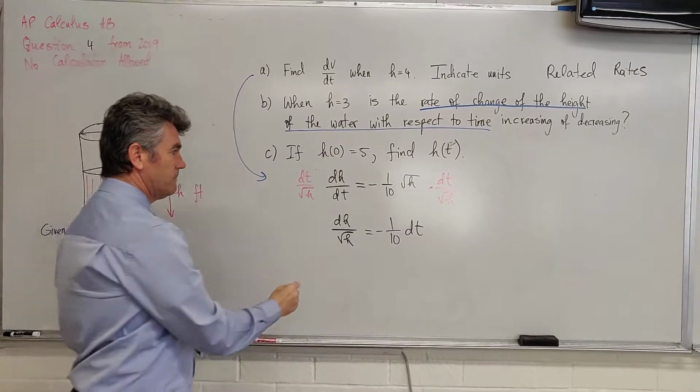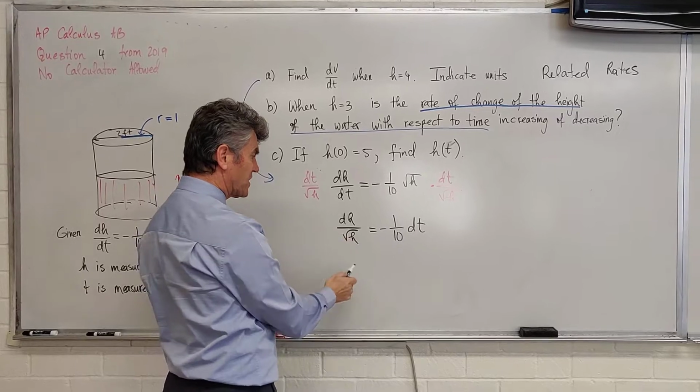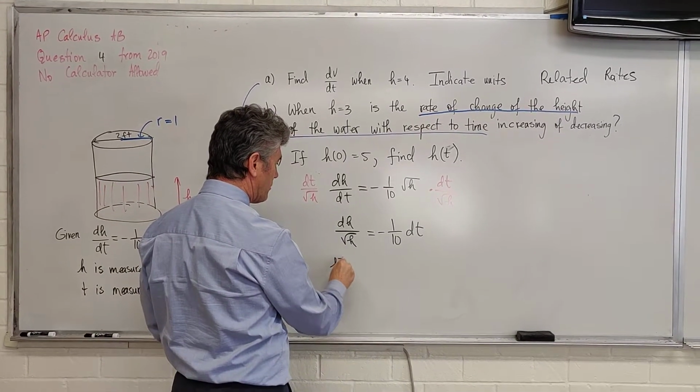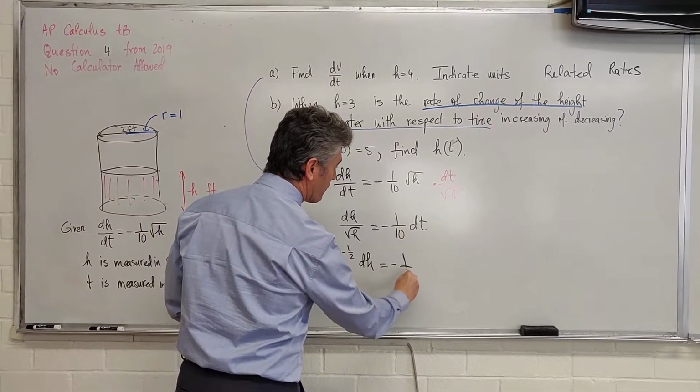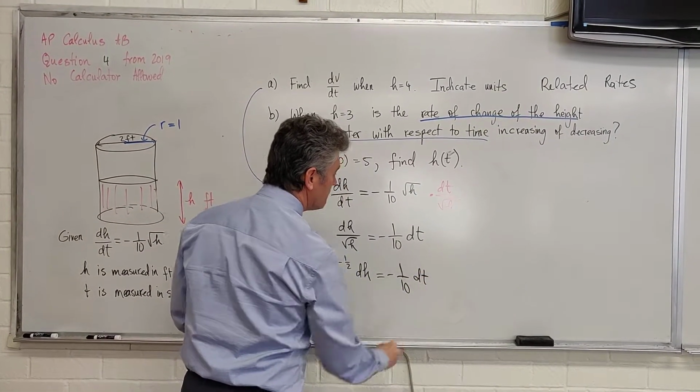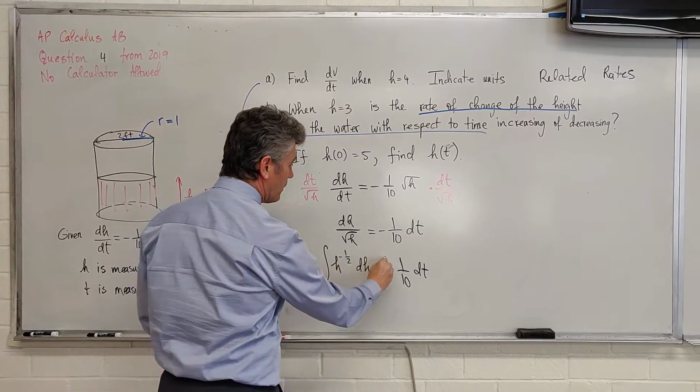Variables are separated. Rewrite the left side. h raised to the power of negative 1/2 dh is equal to negative 1 over 10 dt. Take the antiderivative of both sides.